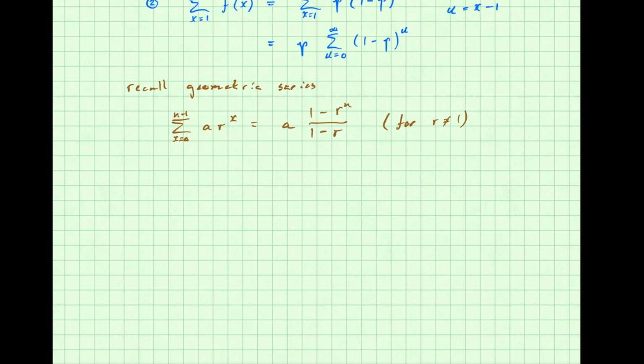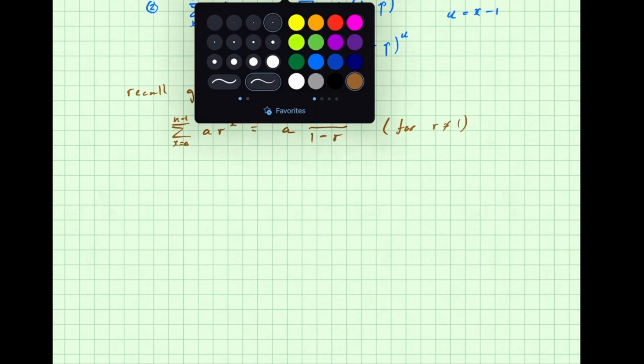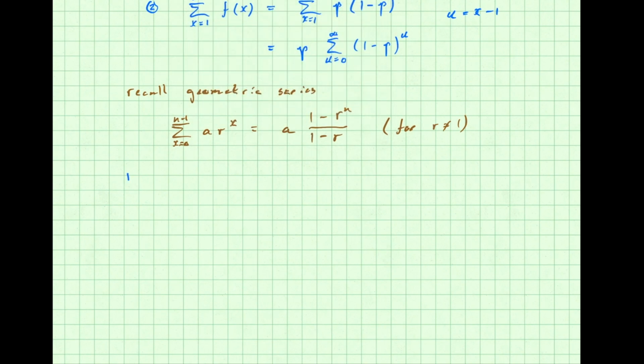All right, and so if we apply that here, what do we have? First of all, we have n going to infinity. We have a, well, that's p, I guess. Well, it depends how you want to write this. You could put the p back in there. Let's just call a equal to 1.